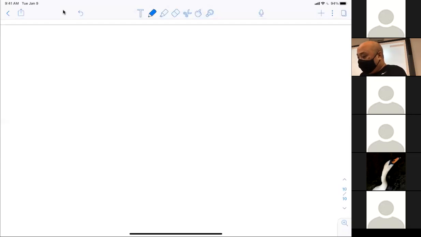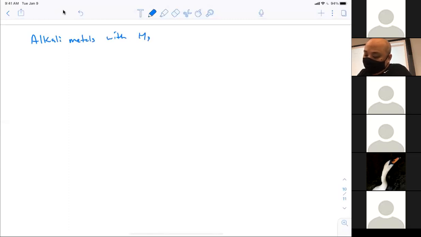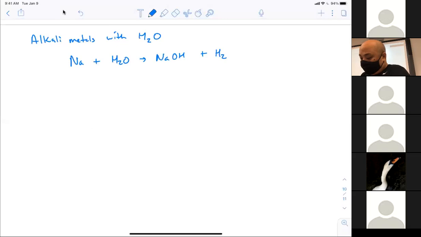Predict and balance the reaction of alkali metals with water, alkali metals with halogens, and halogens with halide ions. And so, the alkali metals with water. Alkali metals with water form the alkali solution, which means it will produce a hydroxide and H2 gas as a byproduct.